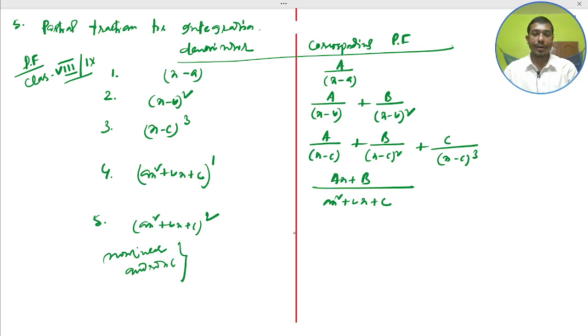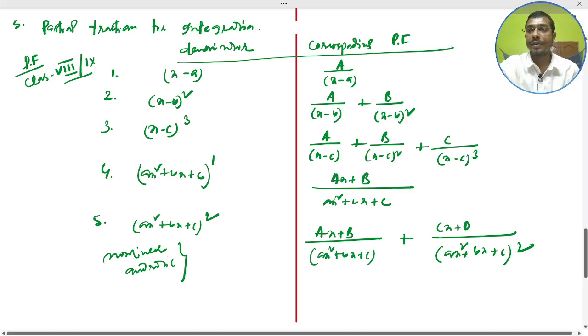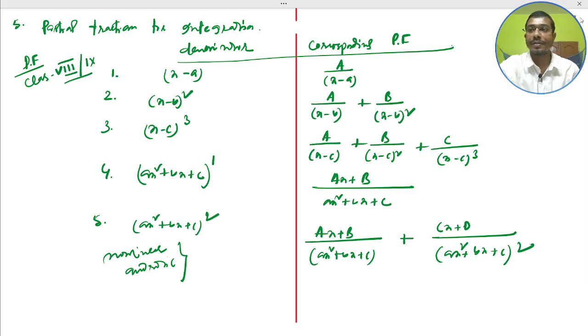For the non-linear quadratic, it should be ax plus b divided by x square plus bx plus c, plus cx plus d divided by x square plus bx plus c whole square. So these are the partial fractions for integration. Next one, the definite integrals.